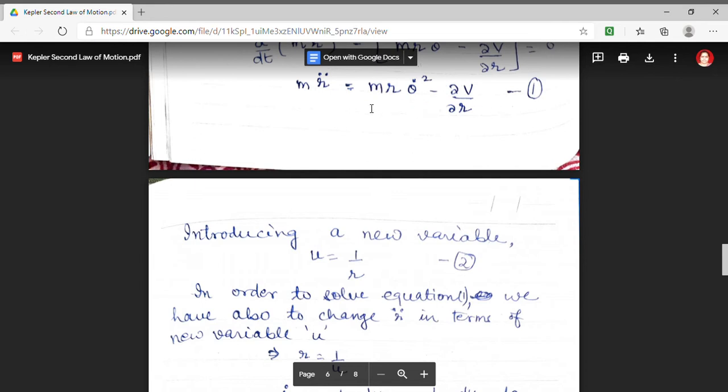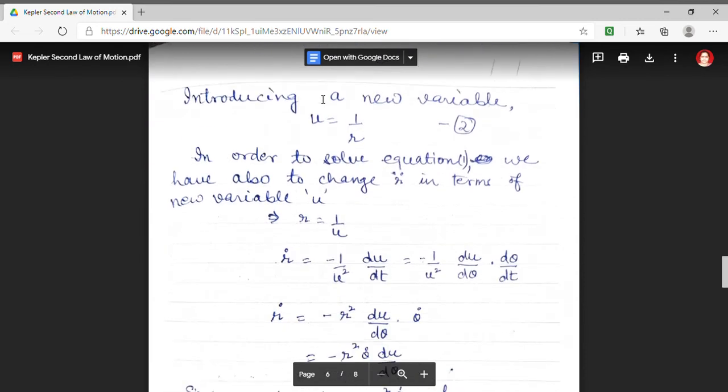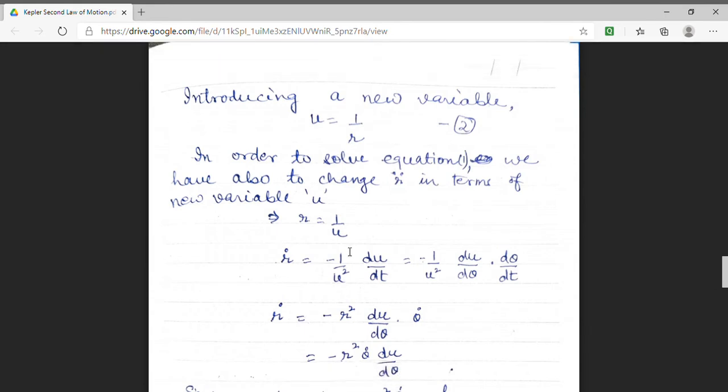Here in this expression, since I have a term having r double dot, I have to find r double dot in terms of the variable u. Since r = 1/u, to find r double dot, I am differentiating this expression.